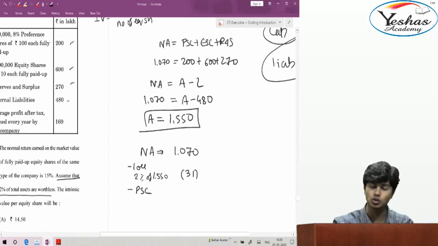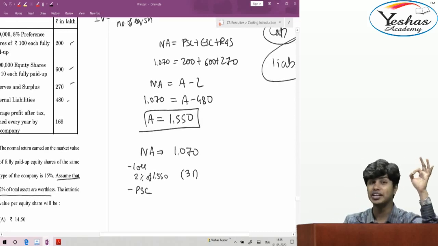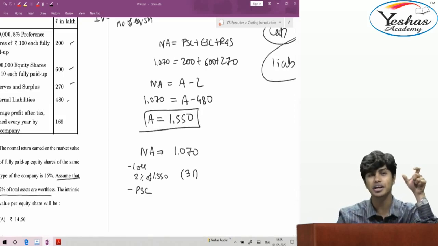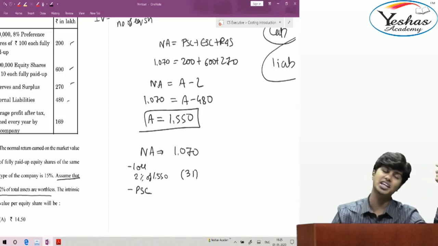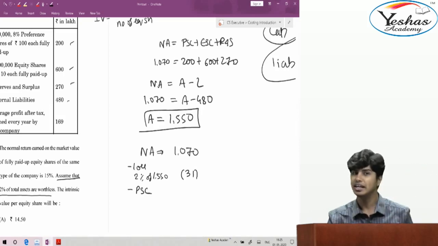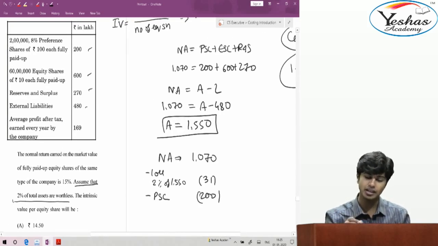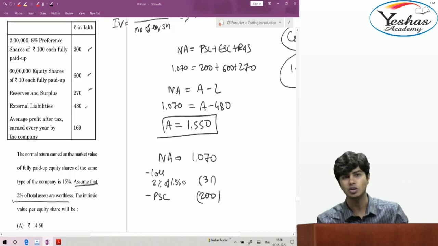And my net assets should not include preference share capital, because we are trying to find the intrinsic value per share. When you find the intrinsic value per share, I want the value only relating to equity shares. That is net assets available to equity shareholders. Then if I divide by the number of equity shares, I'll get the intrinsic value per share. So I'll subtract the preference share capital which I previously took. Sir, if you're subtracting here, then why did you take it there? There I need to take it because I don't know the value of my assets. I only know that 2% of my assets is not required.